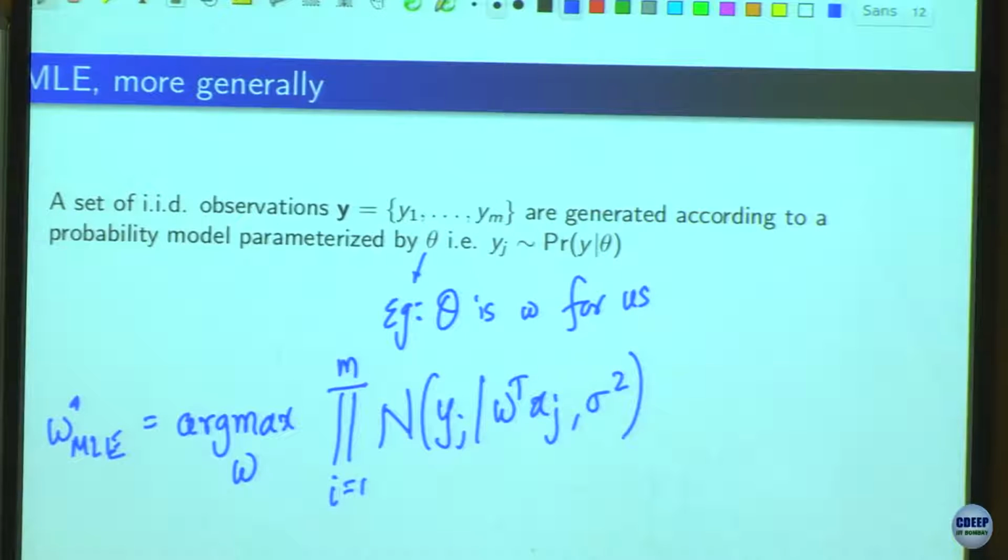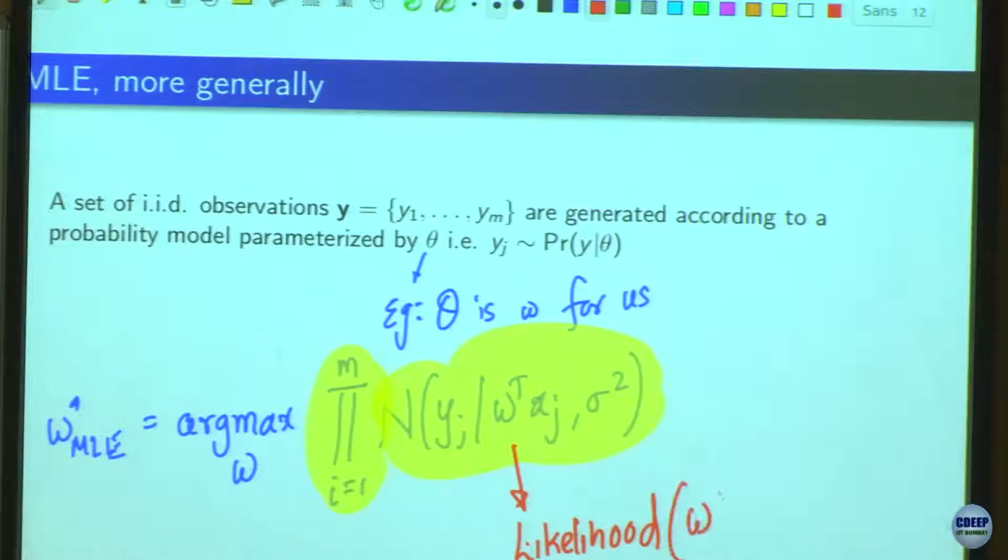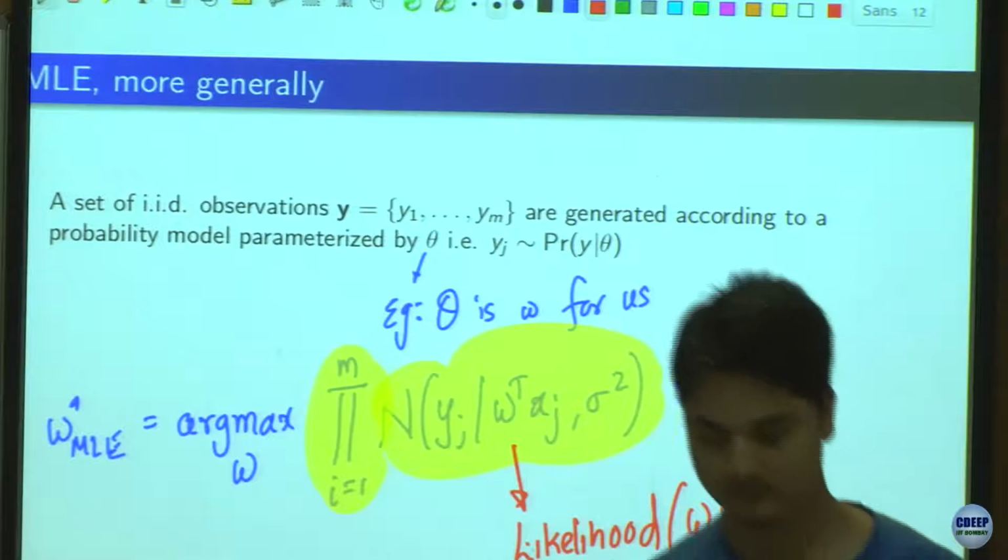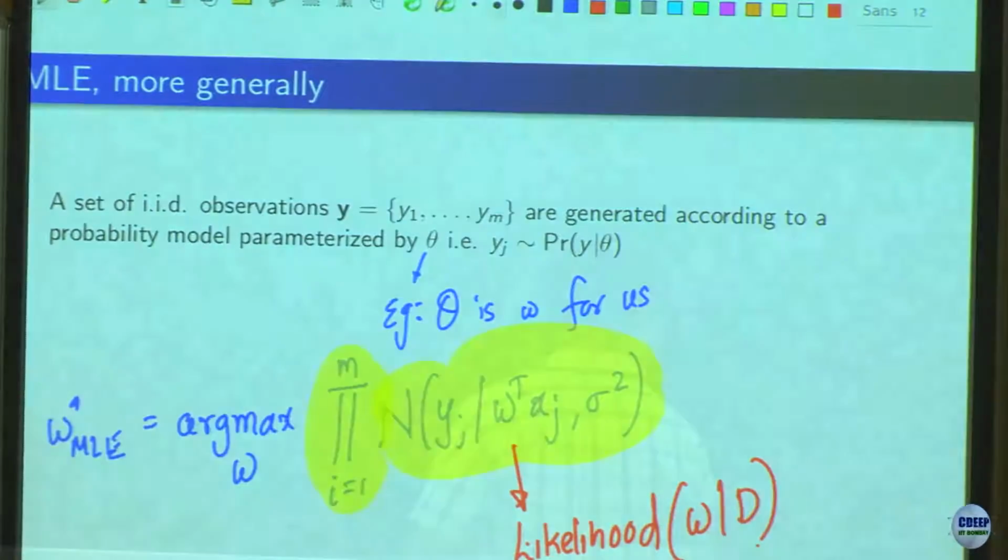This is what we mean, and this entire product is called the likelihood function. Likelihood w or likelihood w given d, either is fine. Sometimes people put d also in the subscript. All these are fine, but it should be viewed as a function of w.